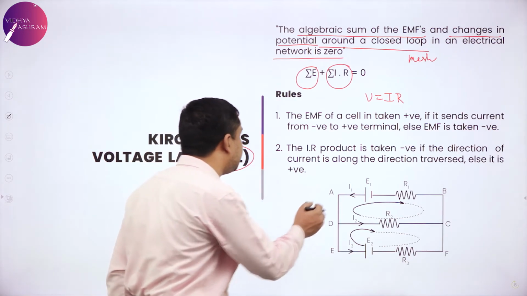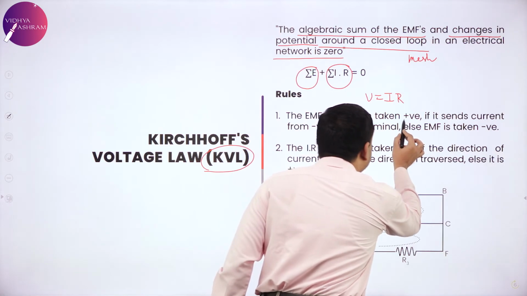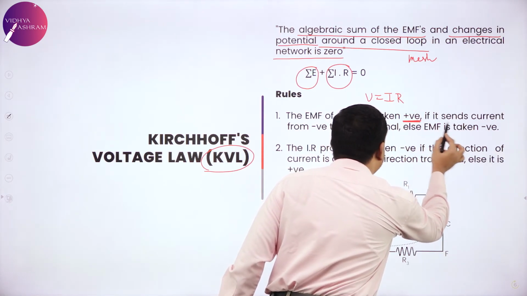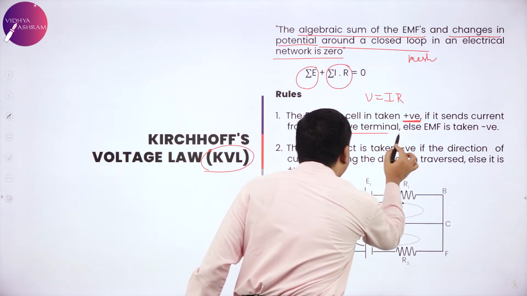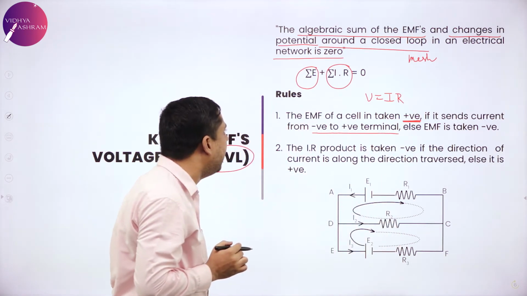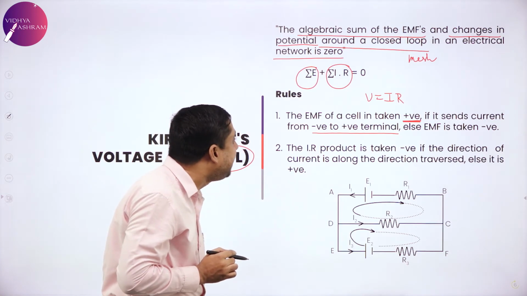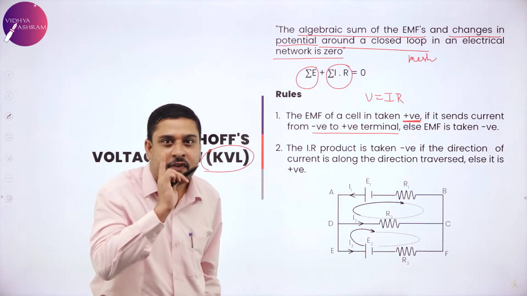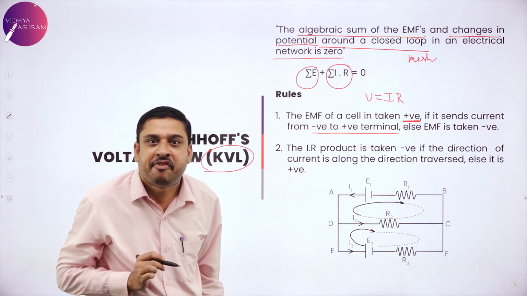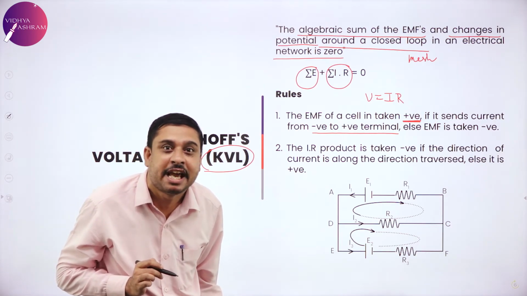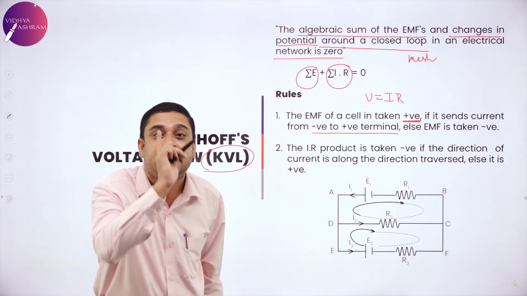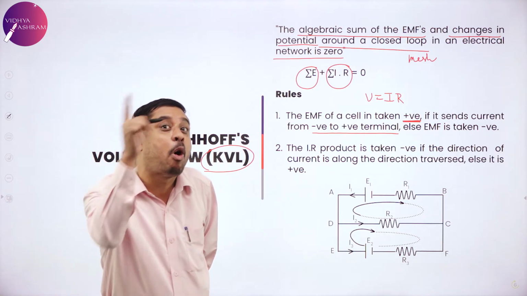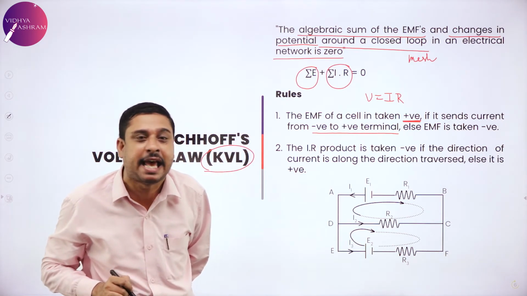The first rule says the EMF is taken positive if it sends current from negative to positive terminal. When do you take the EMF of a cell positive? If the current is flowing from the negative to the positive terminal of the cell.